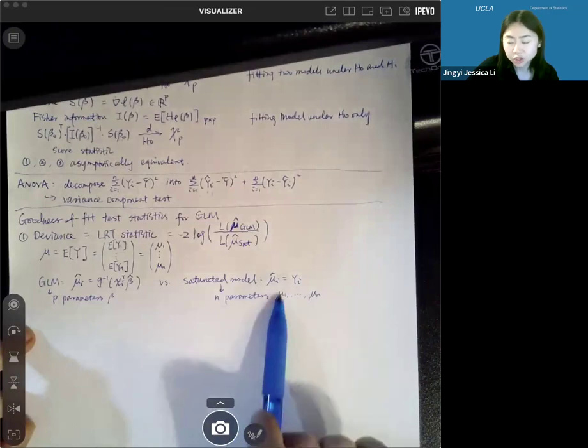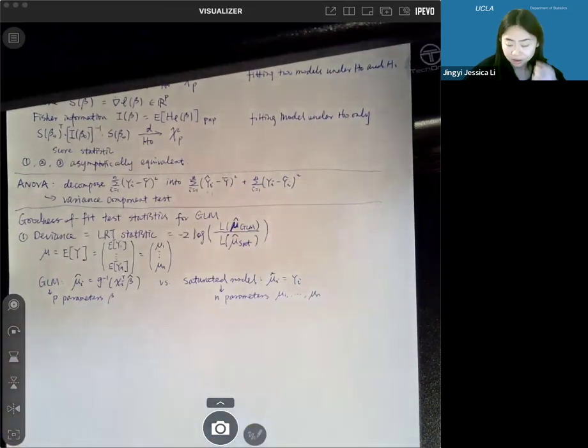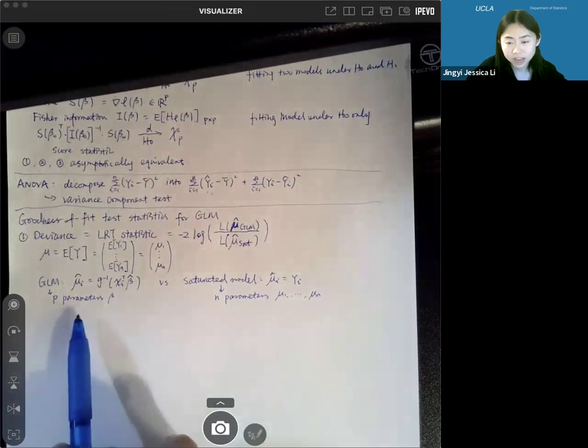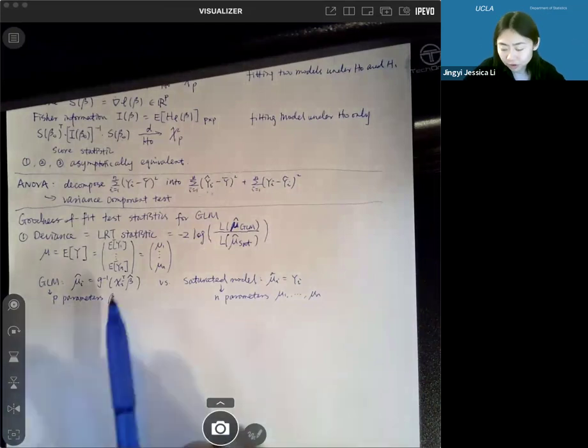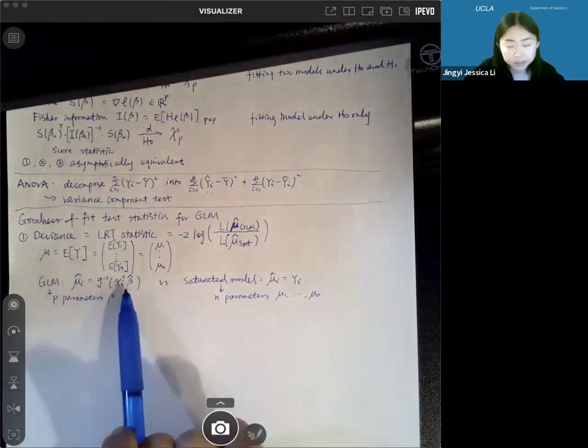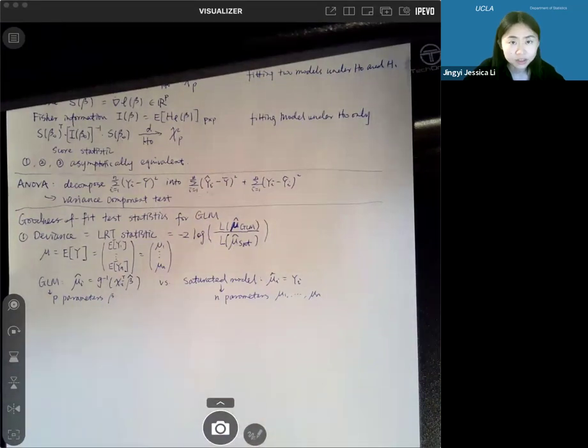Each of them can vary freely, while in this case, we have the beta to tie things together. So basically for all the n observations, they share the same beta, and their difference is only in their xi, only in their covariates. And the covariates determine their mu_i.